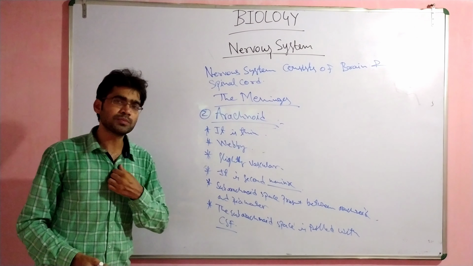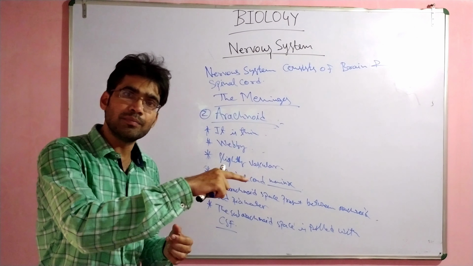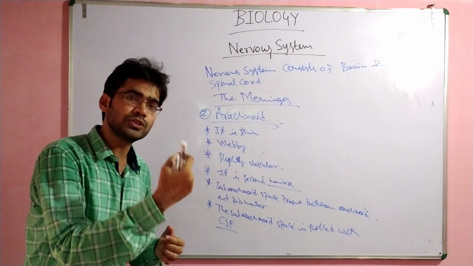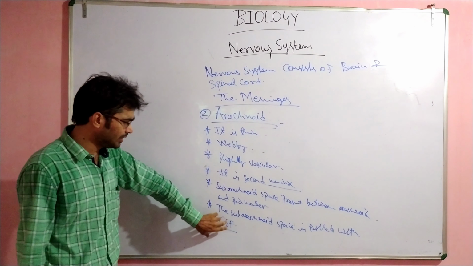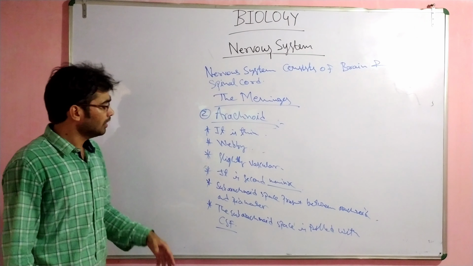Actually, the cerebrospinal fluid is secreted from anterior and posterior choroid plexus. That I will discuss under a separate heading.